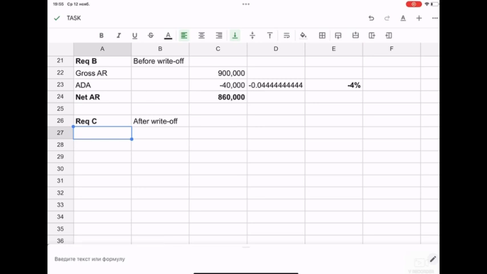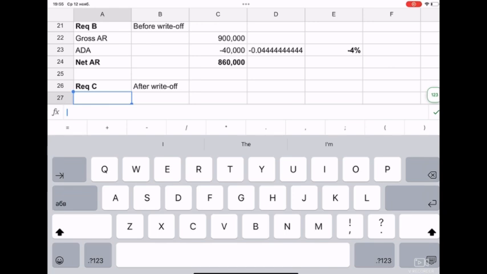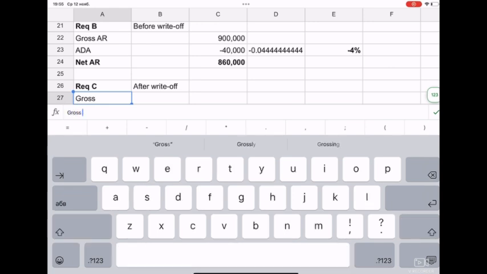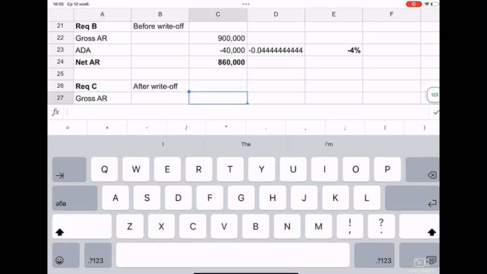Now we are moving to requirement C, calculating cash realizable value after the write-off. After we remove the Ordnance 8,000 receivable, the gross accounts receivable becomes how much? Let me write gross accounts receivable. Here we calculate according to the requirements, as we have to remove Ordnance 8,000.